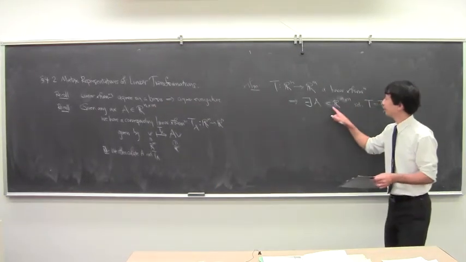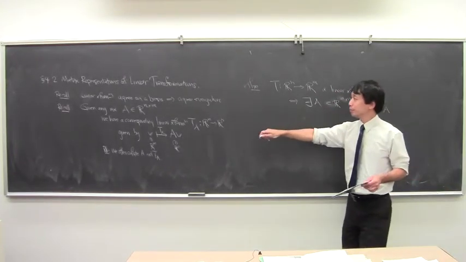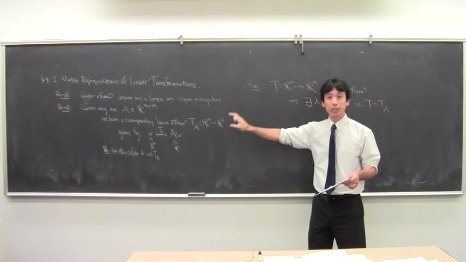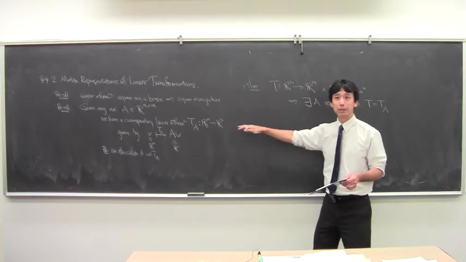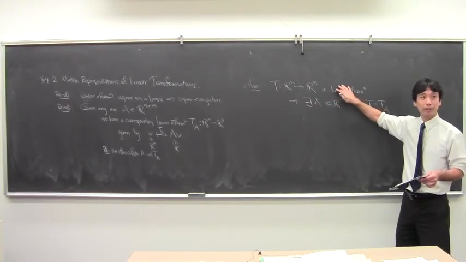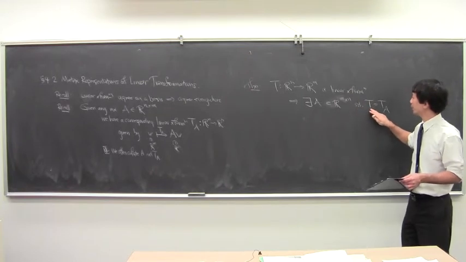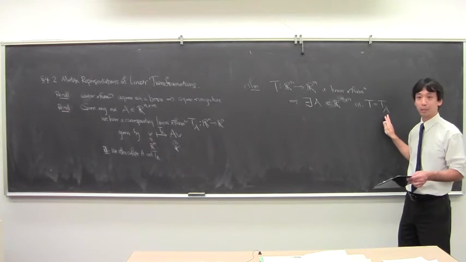Somebody gives you an arbitrary matrix, and from the matrix you get a linear transformation. Now we're going to say the opposite is also true. Given any linear transformation, that linear transformation arises as left multiplication by some matrix.